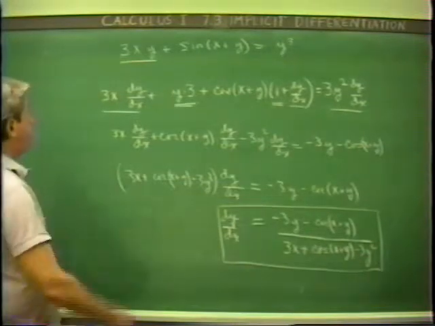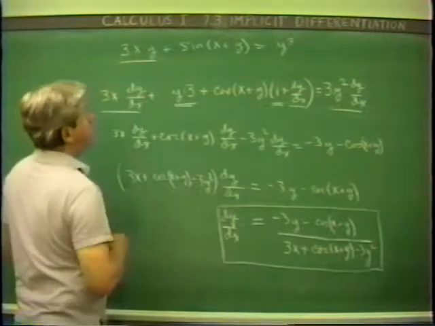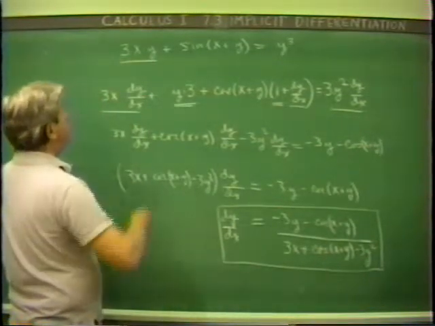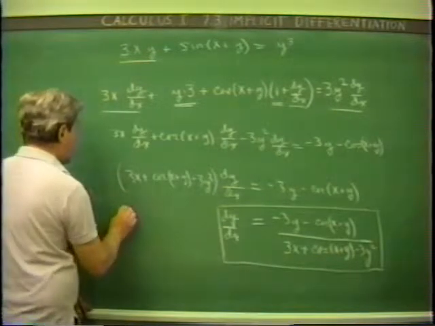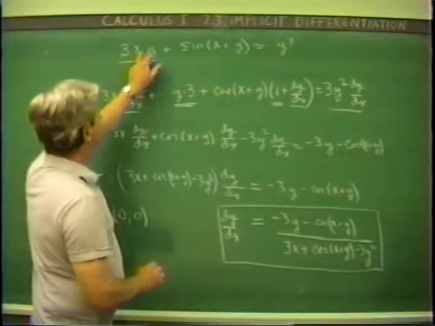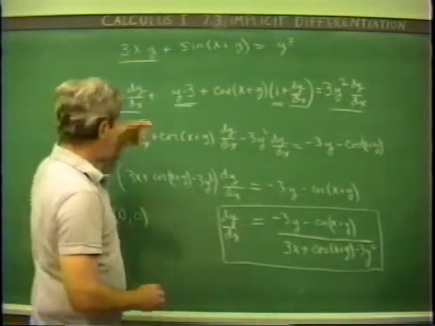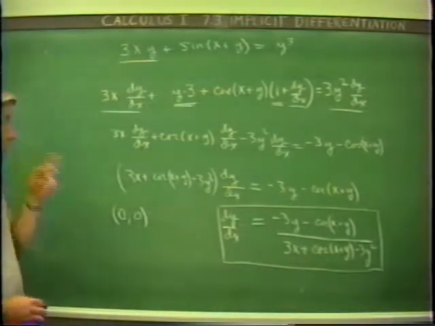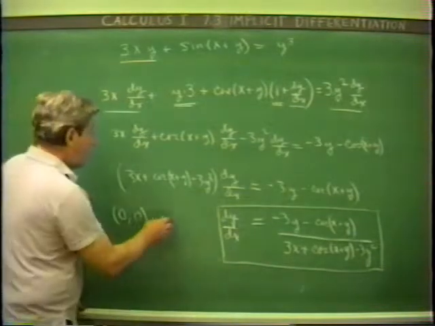So that, for example, a point that's on this curve, without examining it too closely, would be x equals 0 and y equals 0. Because then we've got 3 times 0 plus sine of 0 equals 0. So 0, 0 satisfies the equation of the curve.